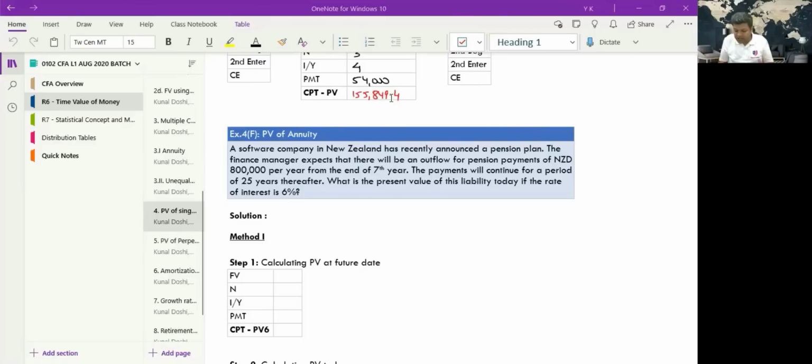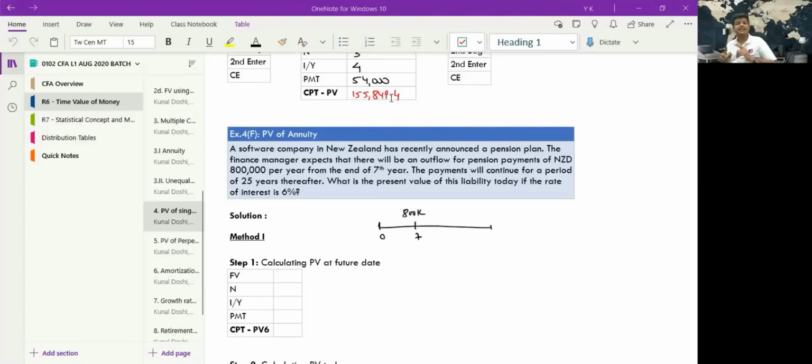So if I read now this statement, what do I get, guys? I am going to get pension of 800,000 per year from the end of 7th year. So if I plot this in a timeline now, I will get from the end of 7th year an amount of 800,000.